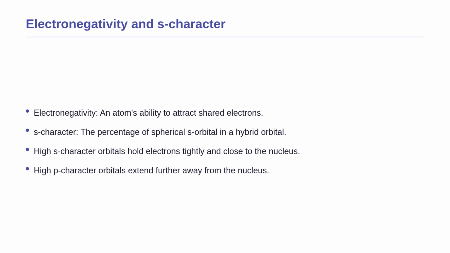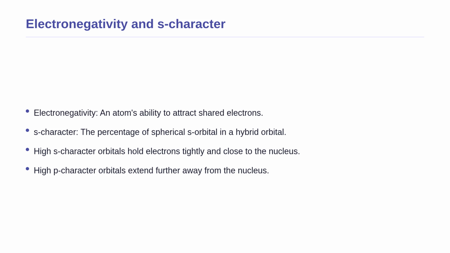Now that we have our analogy, let us define two key chemical terms. First is electronegativity, which is simply an atom's ability to attract shared electrons toward itself. Highly electronegative atoms are greedy for electrons. Second is s character. When an atom forms bonds, it mixes spherical s orbitals and dumbbell-shaped p orbitals to create hybrid orbitals.